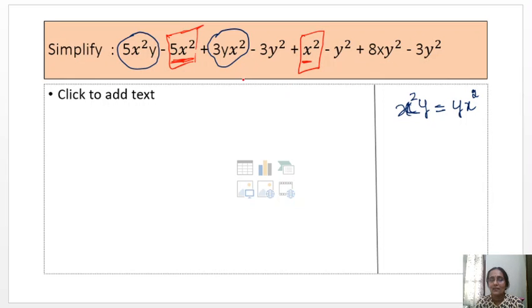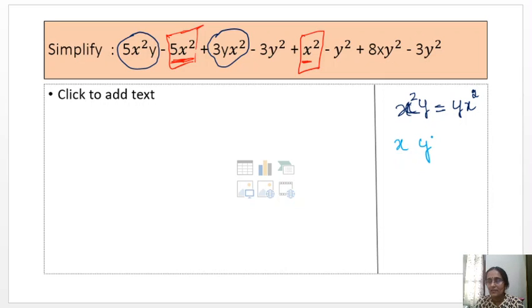They are like terms. Now xy square, what is xy square? Can you remember the shape from the previous class? Xy square is entirely different. X square y is entirely different from xy square. It is not x square y, it is xy square.